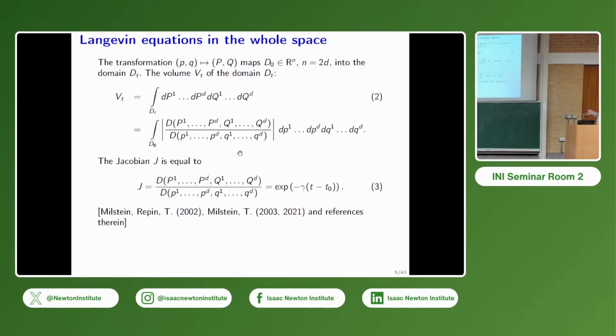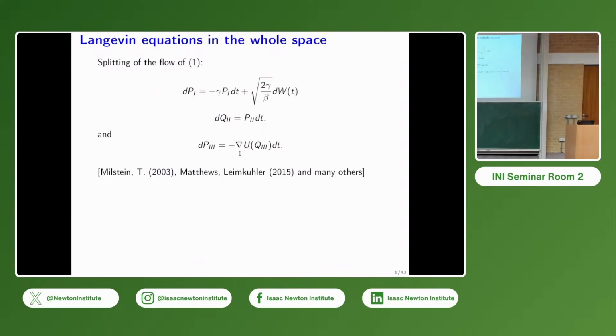Such methods are sometimes called quasi-symplectic or something similar. To construct methods which satisfy these two requirements, more or less all methods which are used now in practice, explicit methods, are based on some kind of splitting.